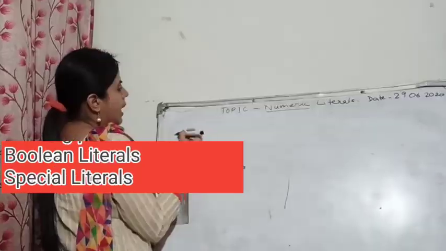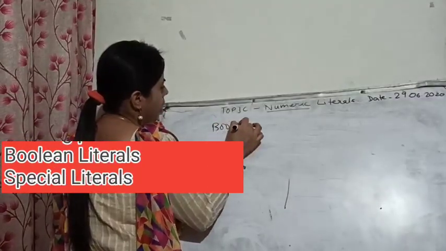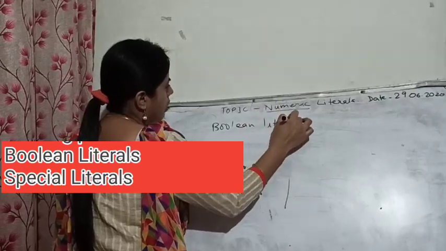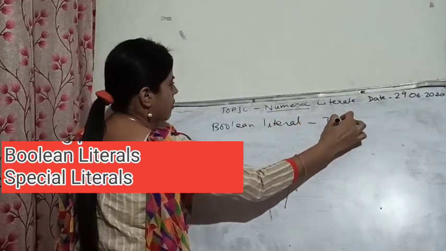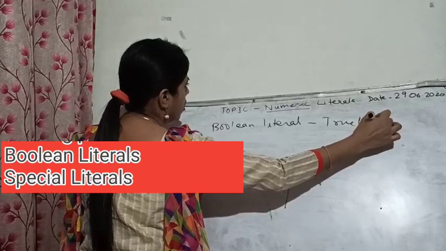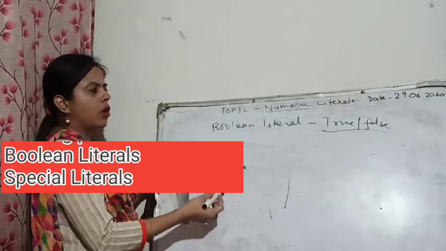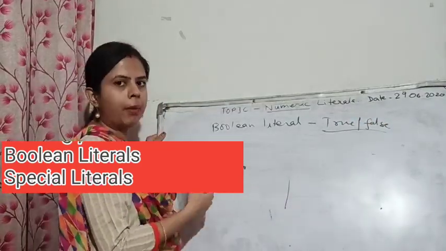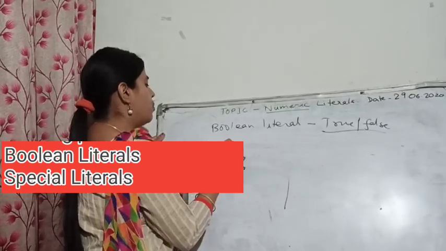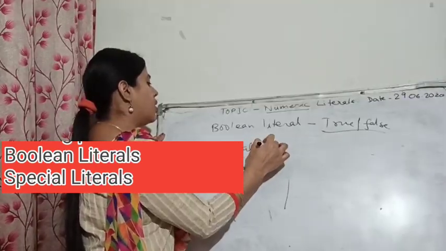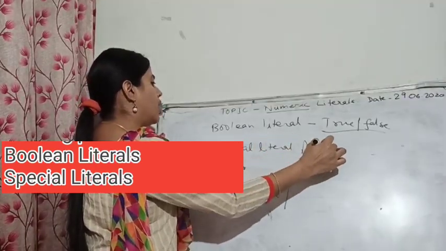Now one more literal type is the Boolean literal, which has the value true and false. We will discuss this in depth when we start doing Python programming. And there is one more literal, which is the special literal None.